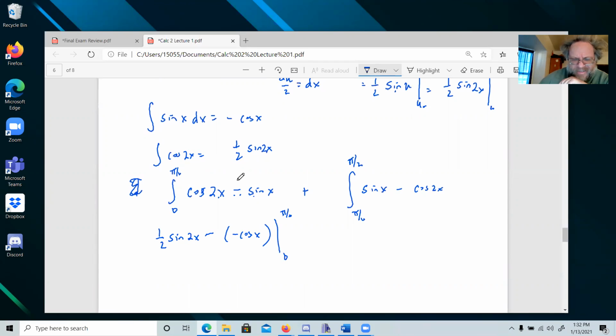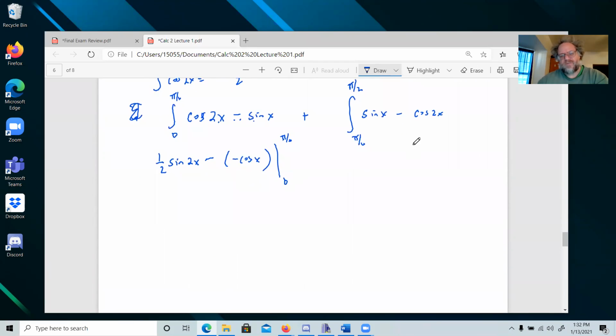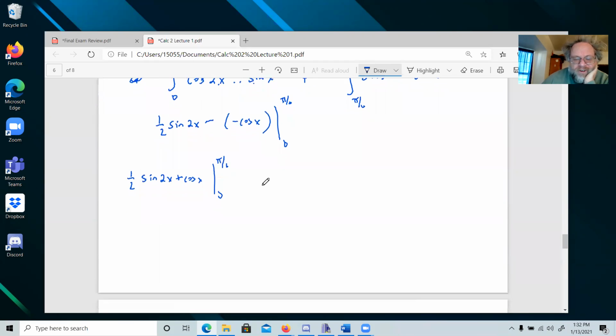Let's just work on that. That seems like it's a hard enough problem as is. We'll come back to this one to do this arithmetic. Okay, so we've got 1/2 sine 2x plus cosine x, evaluating from 0 to pi over 6. If I plug pi over 6 in here, oh, there's a 3, isn't there?